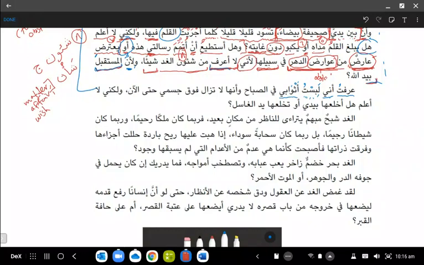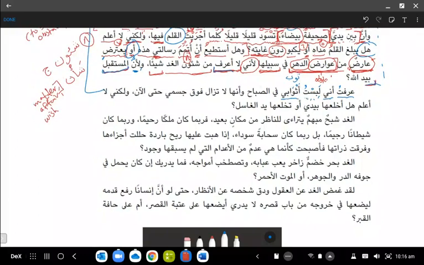So the singular is thawb, which means a dress. So the jama' is athwab. Athwabi fi sabah. Sabah is morning. I knew that I wore or I dressed up in the morning.